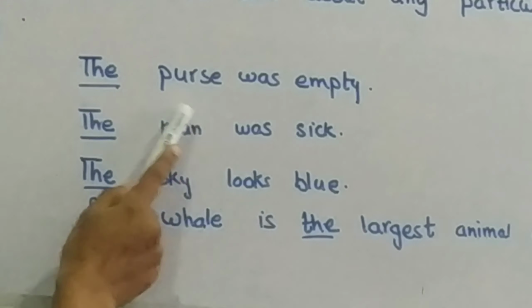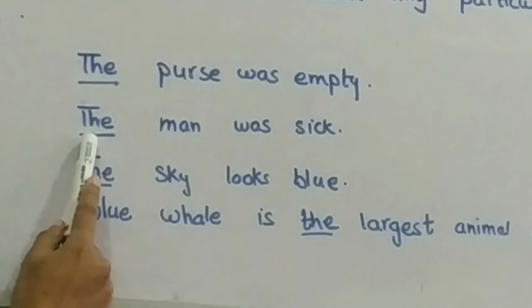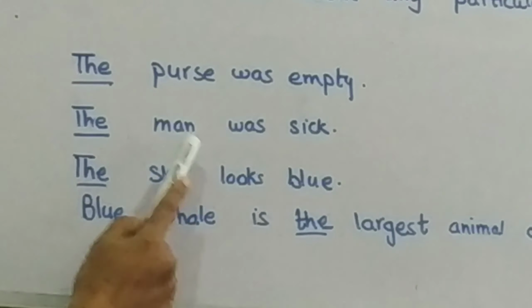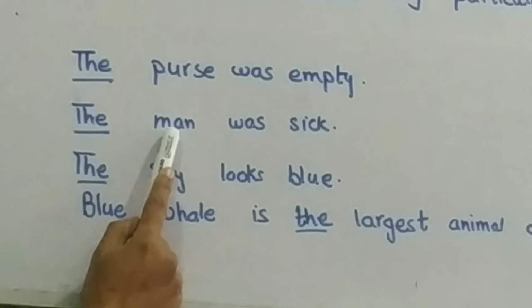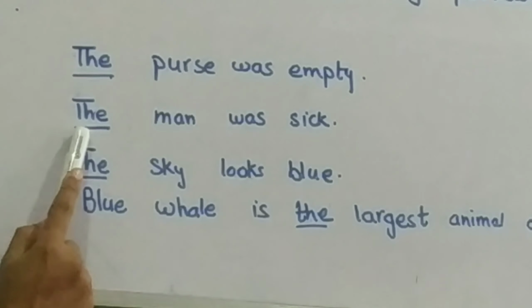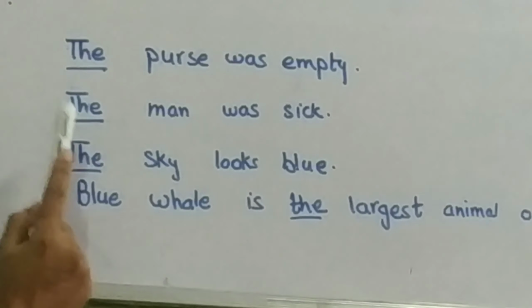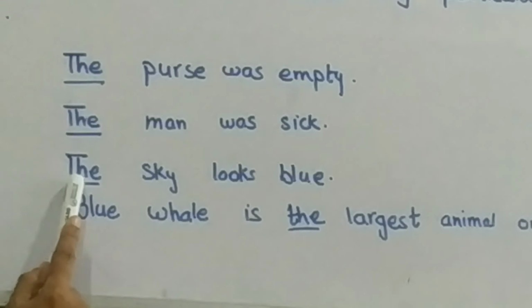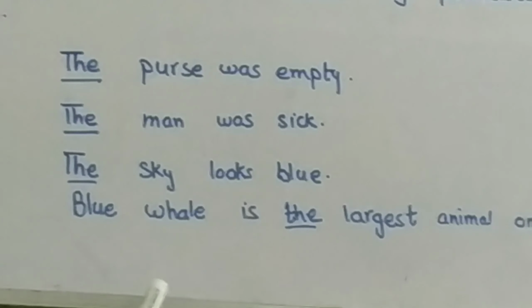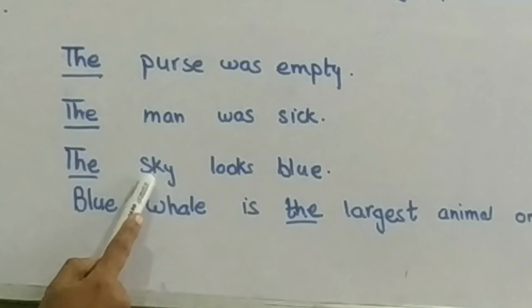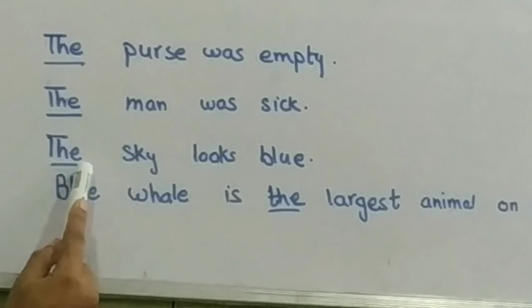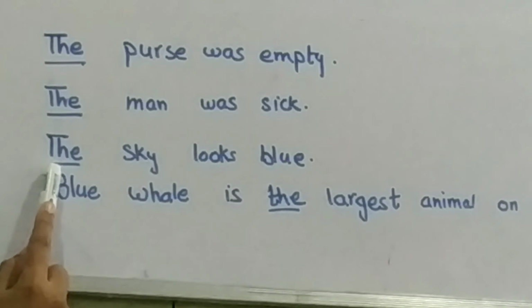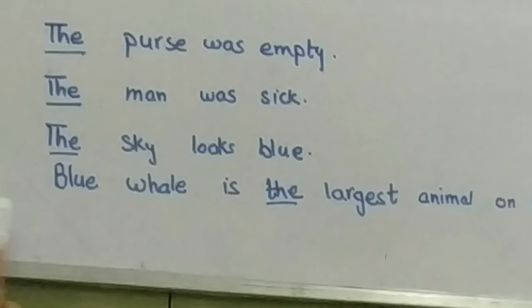I am not talking about any man. Otherwise I would have written, a man was sick. But since I know a particular man, I have used the word the man. Okay. The sky looks blue. Now what, the sky? We will use the for that particular sky.